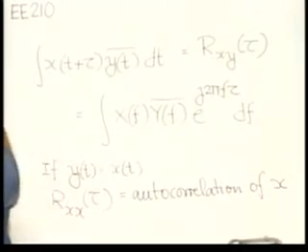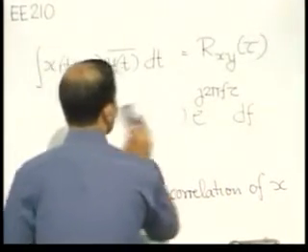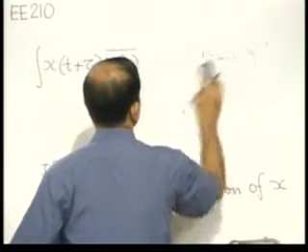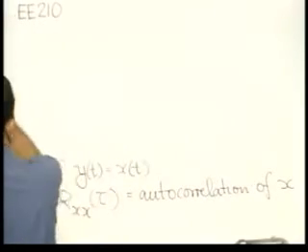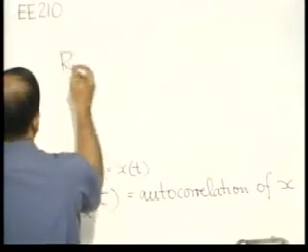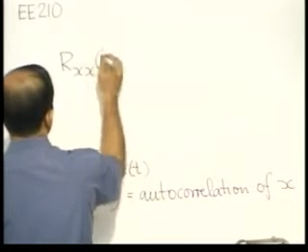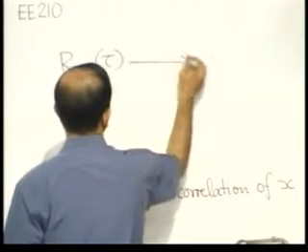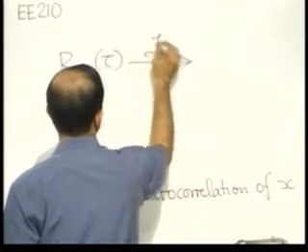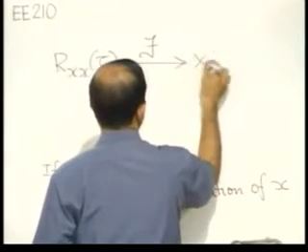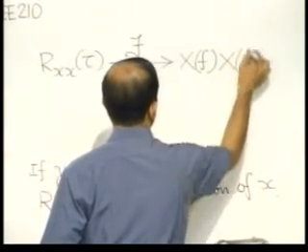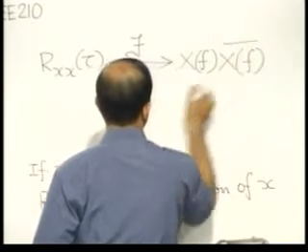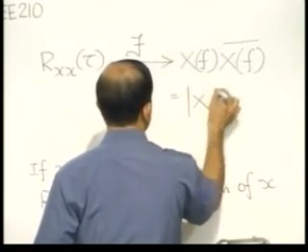And in that case, what is the Fourier transform by this principle? R_xx(tau) has the Fourier transform X(f) X bar(f), which is mod X(f) squared.